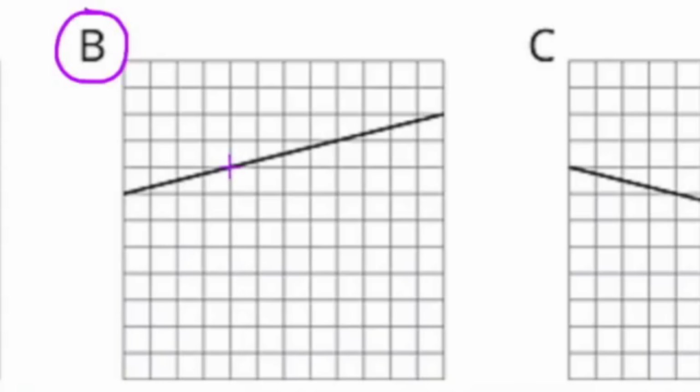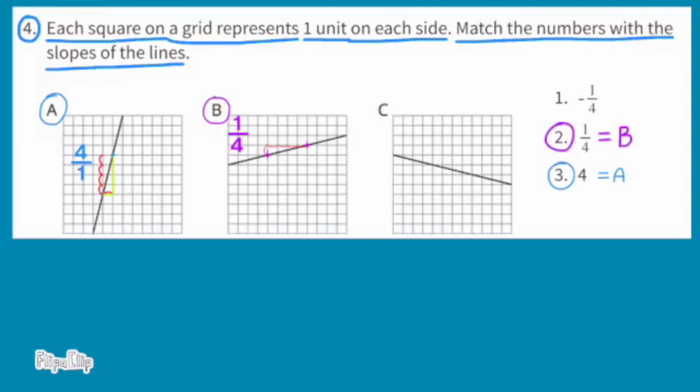Let's take a look at the line on graph B and find locations to put 2 points. These 2 locations are perfect locations to put points to find the slope. I'm going to rise up 1 and run to the right 4. That's a slope of 1/4. The line on graph B has a slope of 1/4.